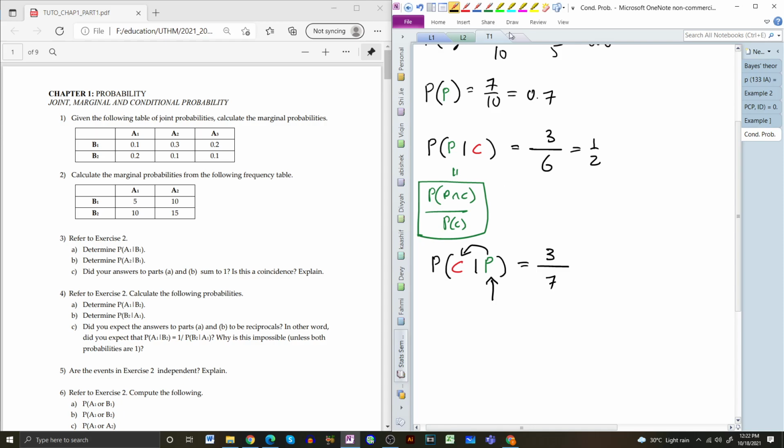Okay. Of course, if you look at the formula, it looks like this one. Okay, so hopefully you guys understand how to get the idea.